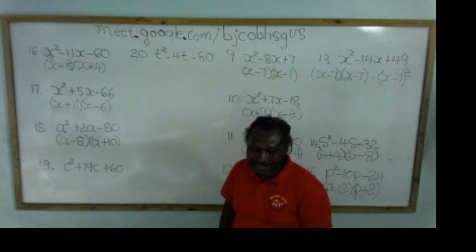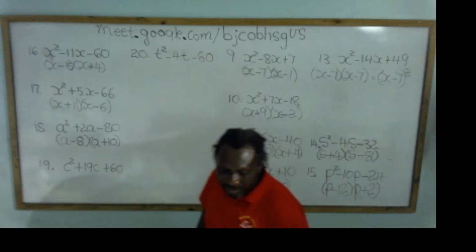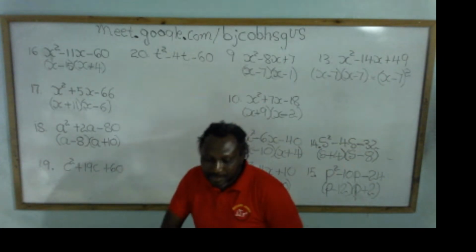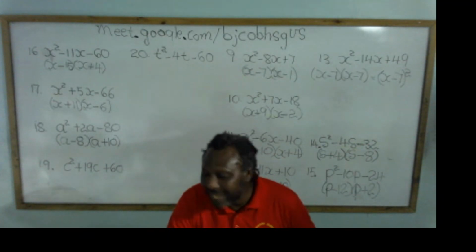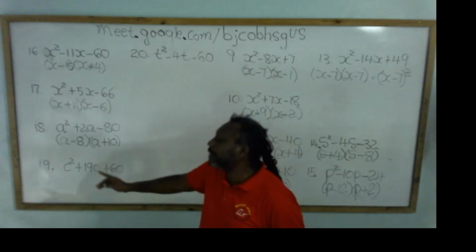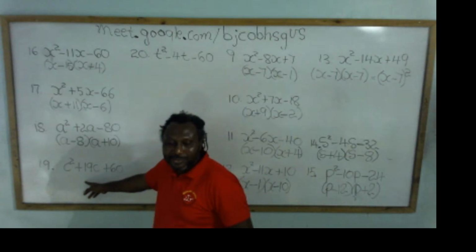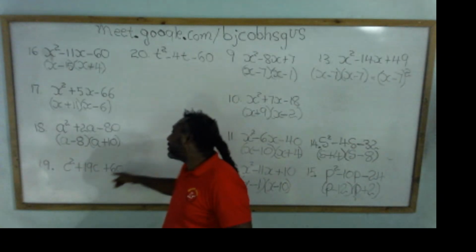So it's a lot of factors that 60 has. If you add the 10 and the 9, you surely will get the 19. So you're not entirely incorrect. But when you multiply them, you're not going to get 60.